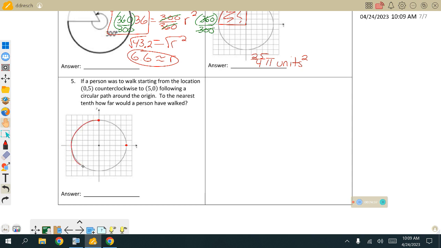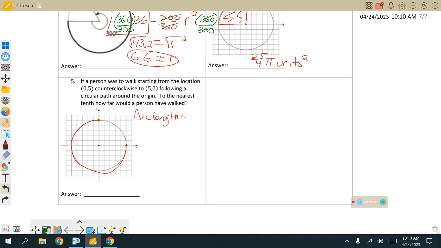Counterclockwise is the long trip. And by them telling you walk around the outer path of the circle, that is talking about arc length, as the partial circumference. It's a fraction of the circumference then, because we don't go all the way around, we only go to that point right there at 5, 0. So again, we are doing arc length.